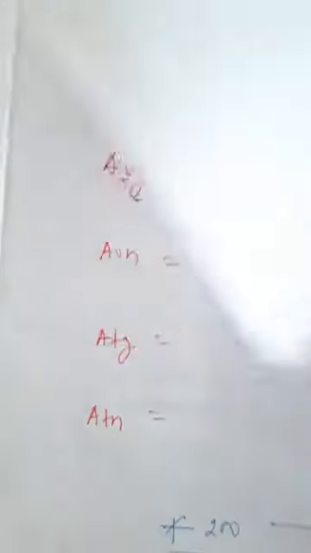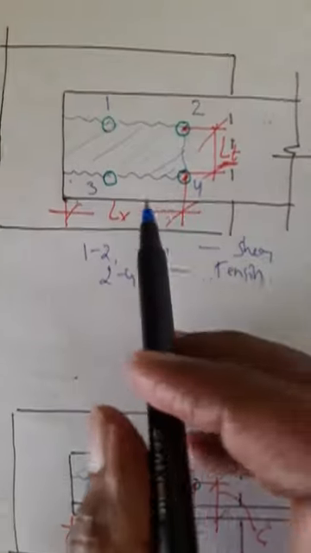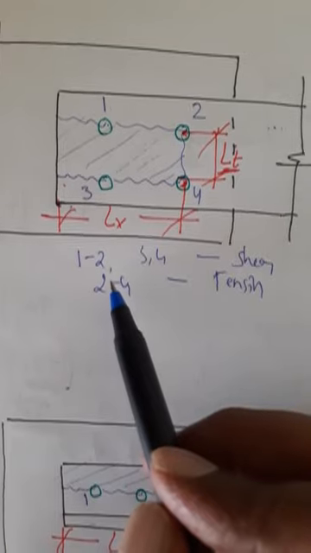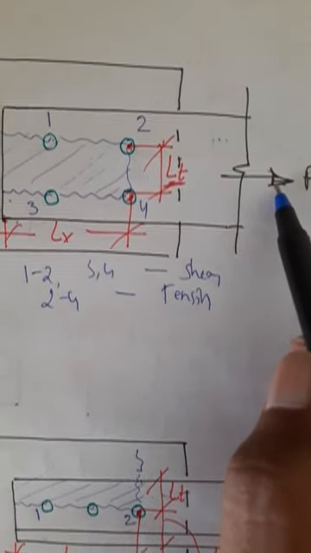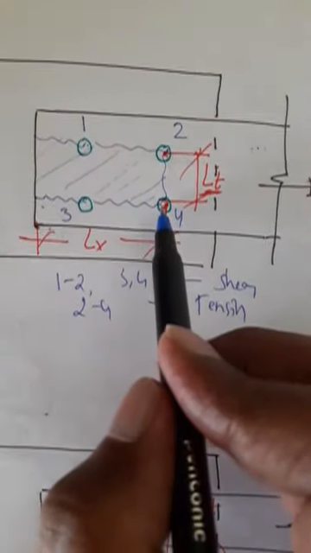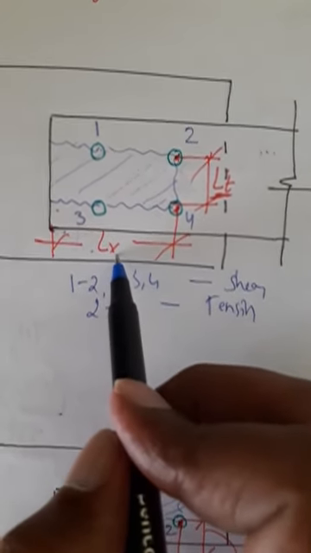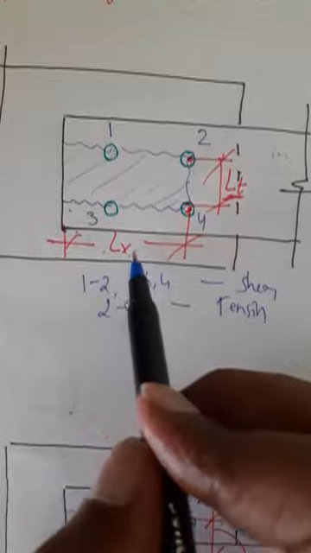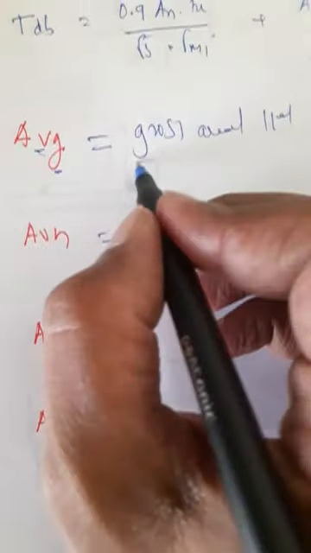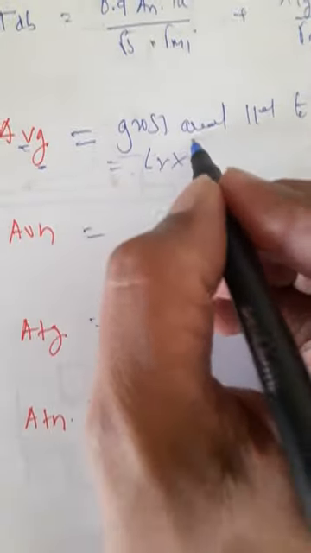Now let us look at this equation here. This is the load direction. So gross area means the center of the outermost bolt to this end, LV, into thickness T. So this is the gross area. This is given by LV into T.